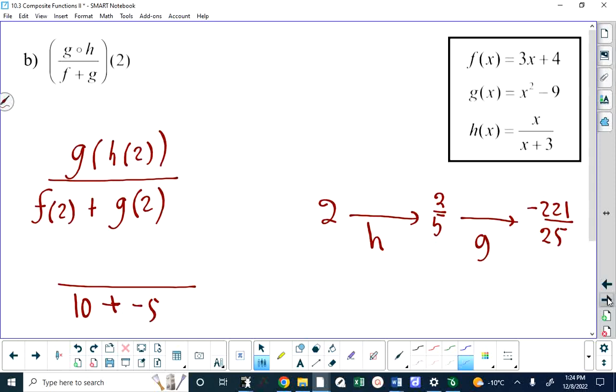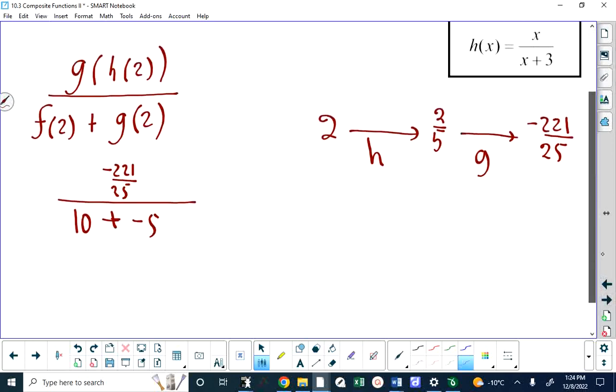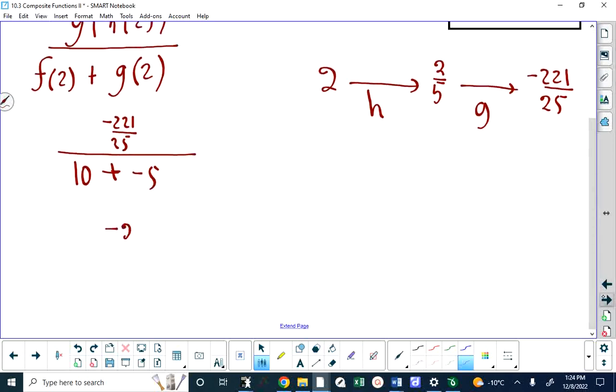So I now have this, which I can just clean up the bottom a little bit. Negative 221 over 25 over 5. Look at how I drew that over. Can I cancel those 5s? No, I cannot.